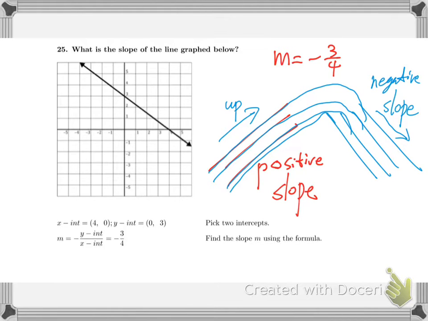You can also use your two hands to make this mountain. The left hand is the up side, the positive slope, and the right hand is the downside, the negative slope hand. So after you find the slope, check the sign. Is it going up or going down?